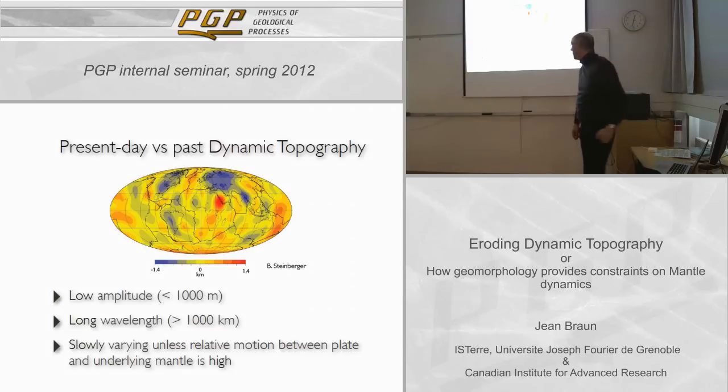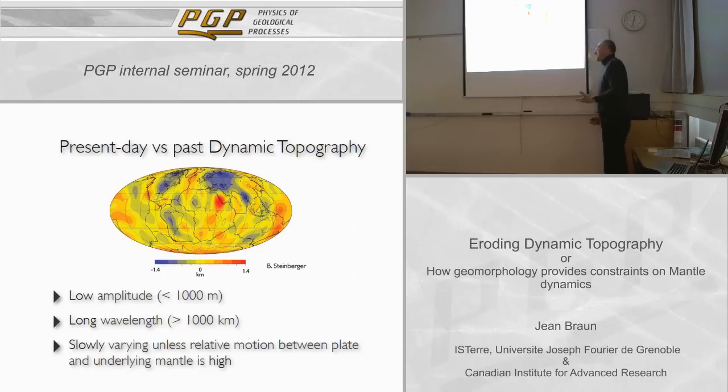Okay. So now I'm back to, let's put my head as a, well, I'm not really a geomorphologist, but I work a bit in geomorphology, modeling geological processes. So let's take the point of view of the geomorphologist who studies the Earth's topography and how it's created and how it evolves through time. So he looks at dynamic topography.